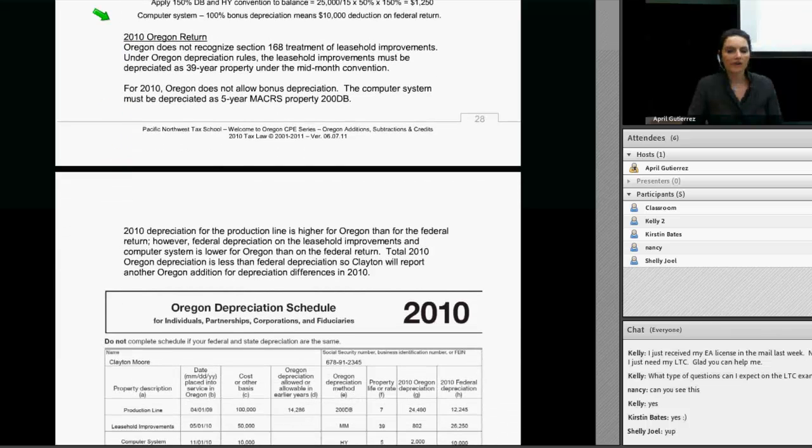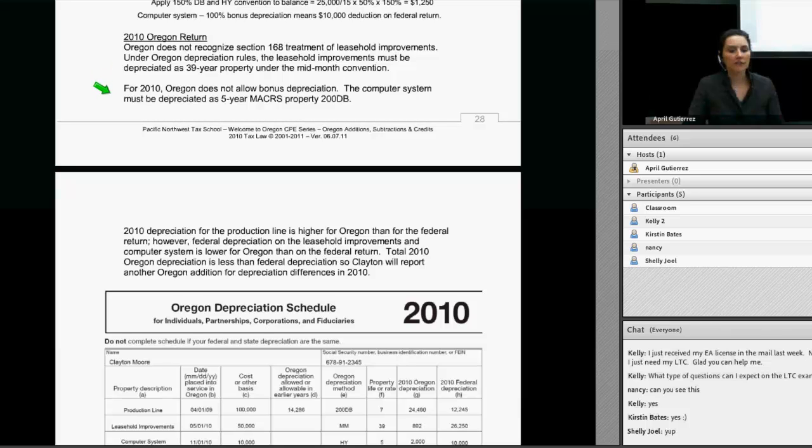Oregon is different. Oregon does not recognize Section 168 treatment of leasehold improvements. Under Oregon depreciation rules, the leasehold improvements have to be depreciated as 39-year property under the mid-month convention. For 2010, Oregon does not allow bonus depreciation.